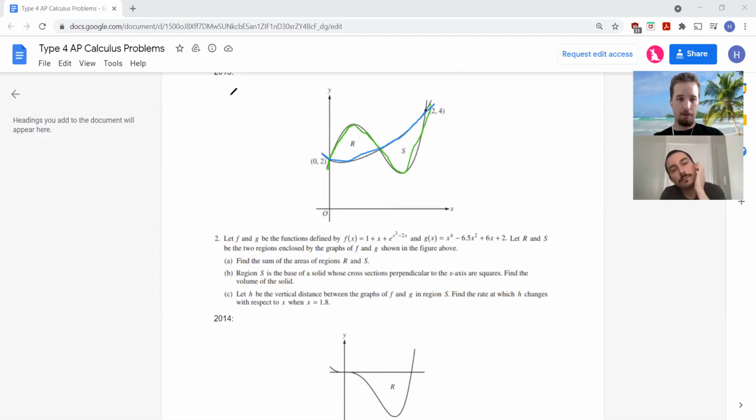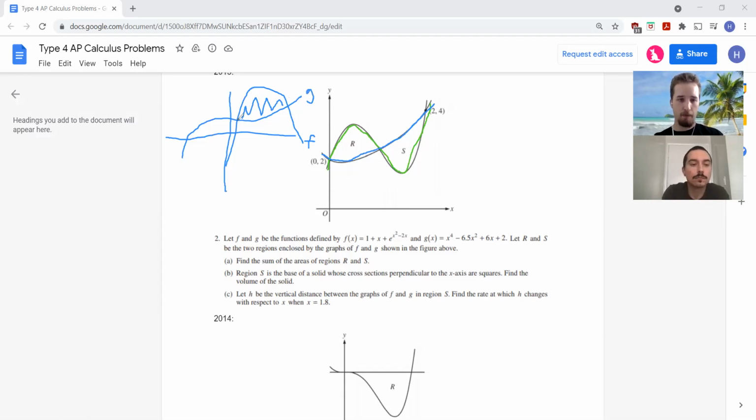So if I have two random functions and I want to find this area here, well, I need to take this top function, we'll call this f, and subtract this lower function g from a to b.